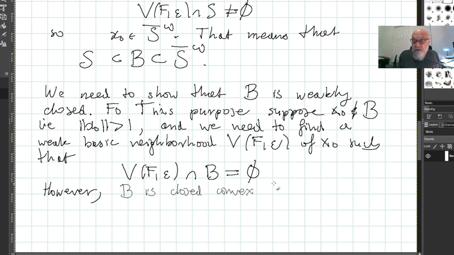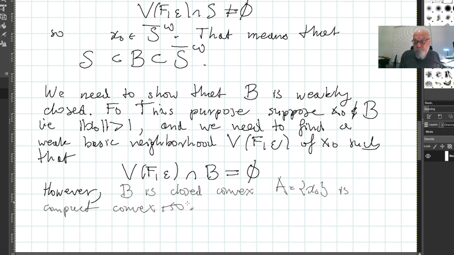convex, and I put here A, I just take the point x naught, compact convex.